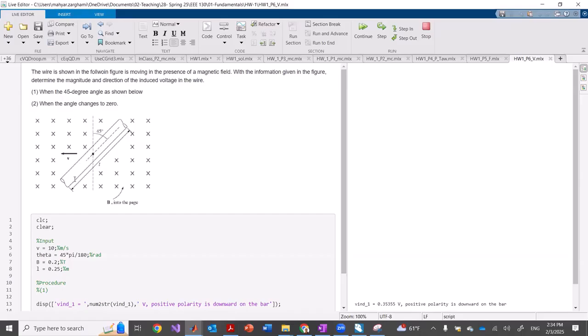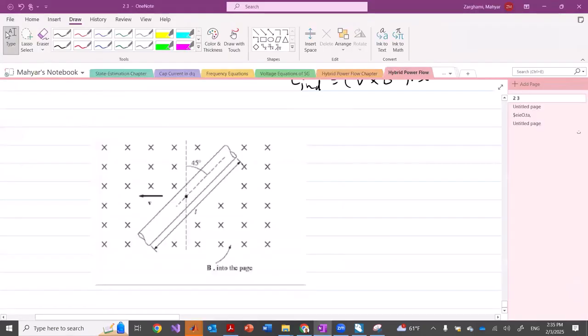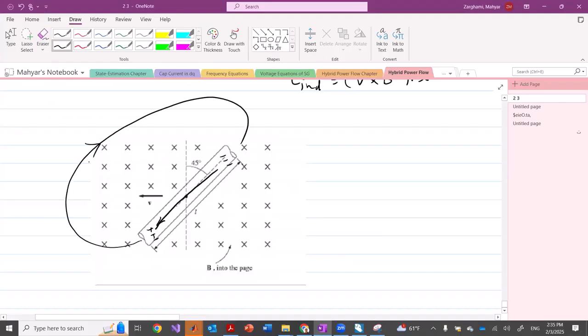Let's make sure we understand that. If this is the positive polarity side, this would be the negative side. The current goes from the positive through the external circuit and comes back through the negative, so this would be the direction of the current. There should be an external circuit that takes the current through these wires and brings it back.